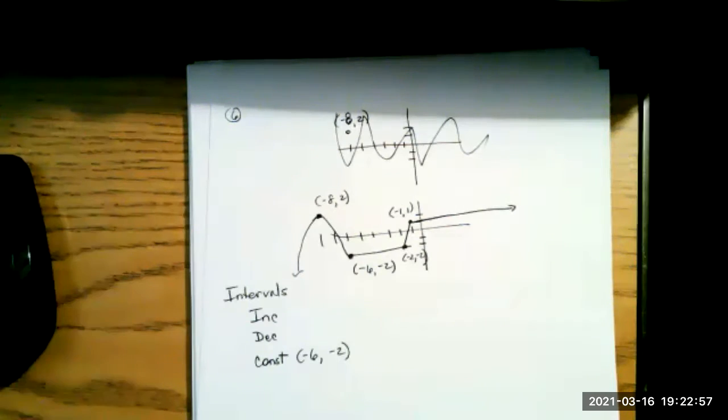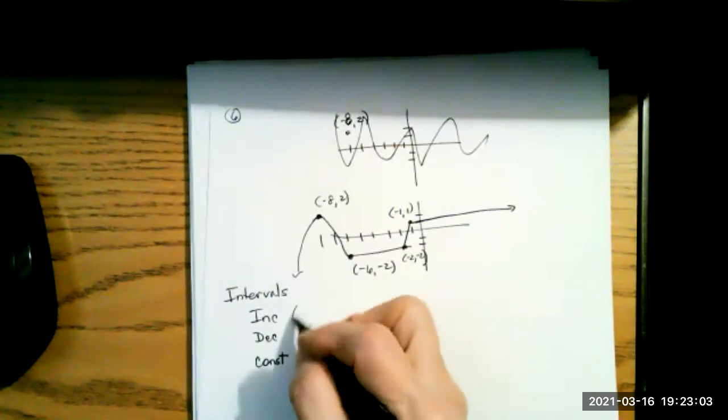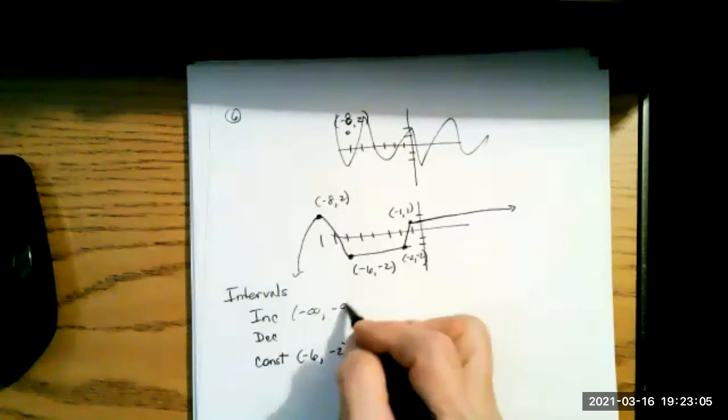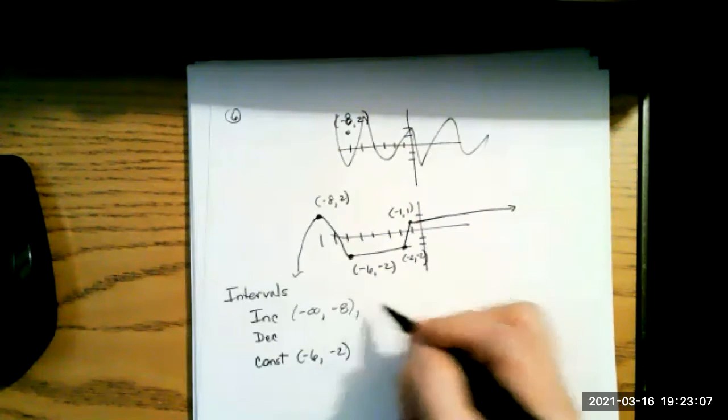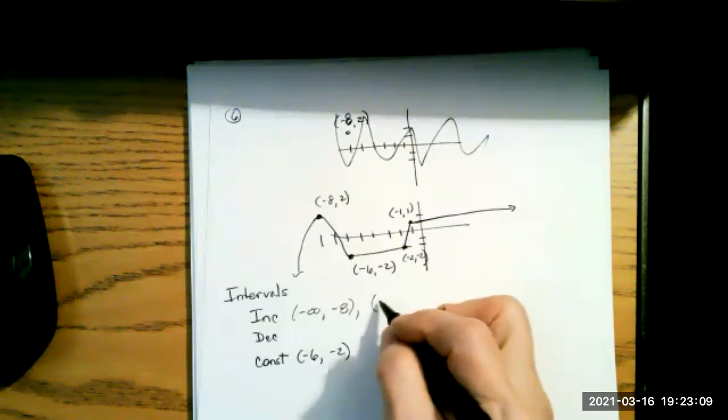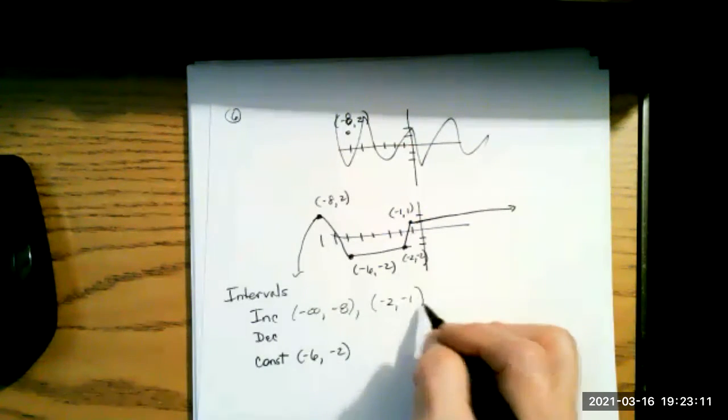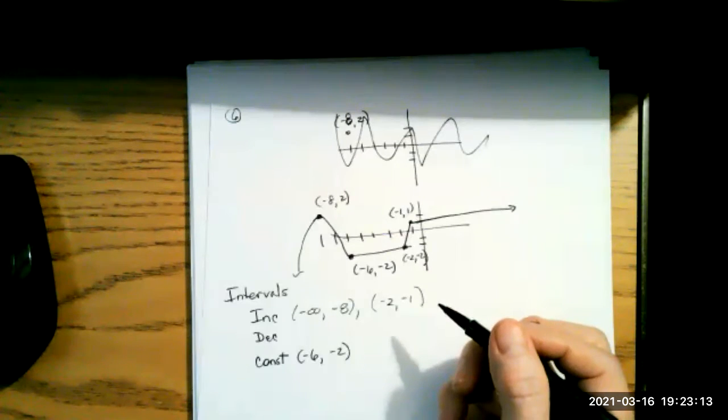It's increasing. Okay, where's increasing? Negative infinity to -8. Good job. And where else? -2 to -1. Very good. All right, now then, constant.